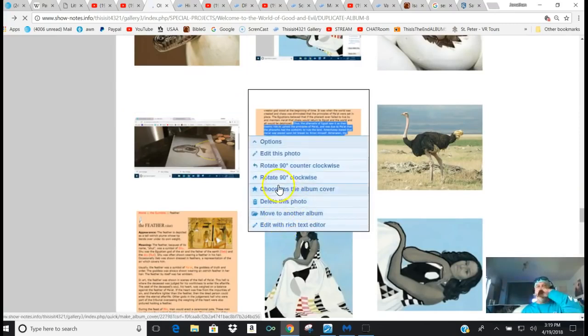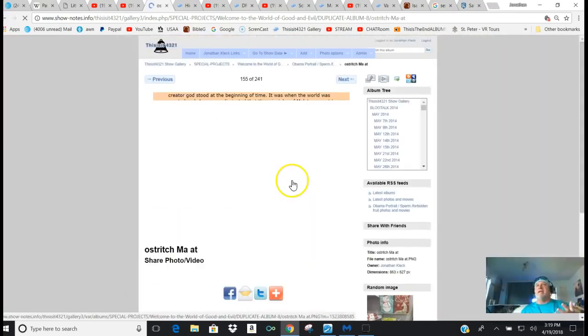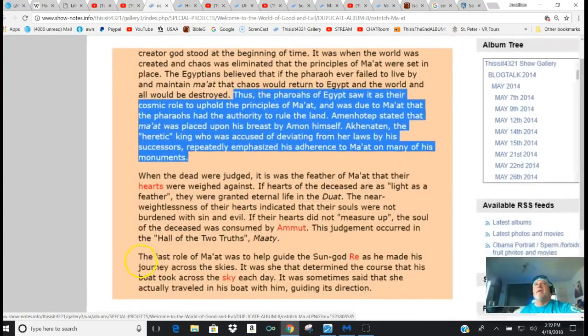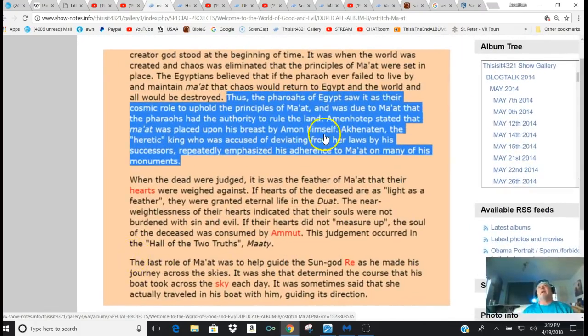Let's look at the meaning of an ostrich in Egyptian theology. Okay, let's see. It said, thus the pharaohs of Egypt saw their cosmic role to uphold the principles of Ma'at, and it was due to Ma'at that the pharaohs had the authority to rule the land. Imhotep stated that Ma'at was placed upon his breast by Amun himself.